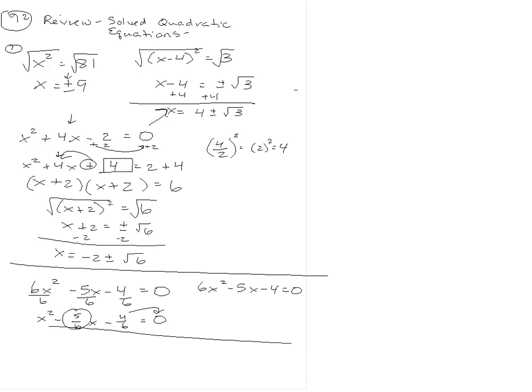So instead, we're going to look at it and use a whole new method called the quadratic formula. And the quadratic formula, first of all, has to be in this form, which it is, where my A, my B, and my C give me a number.